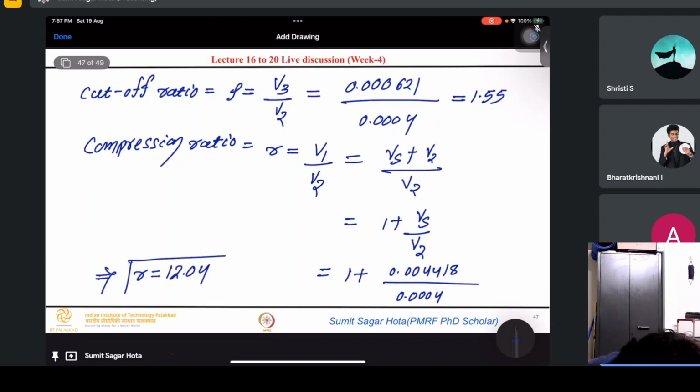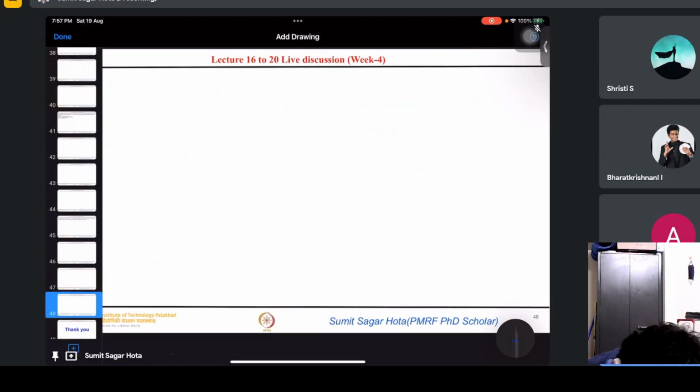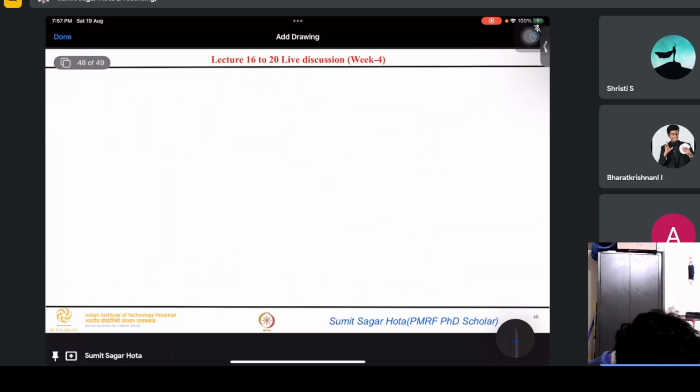Okay. If you solve it, you get r as 12.04. Okay. So now you have to remember the Otto cycle efficiency, as I already showed you. And now this is the diesel cycle efficiency.